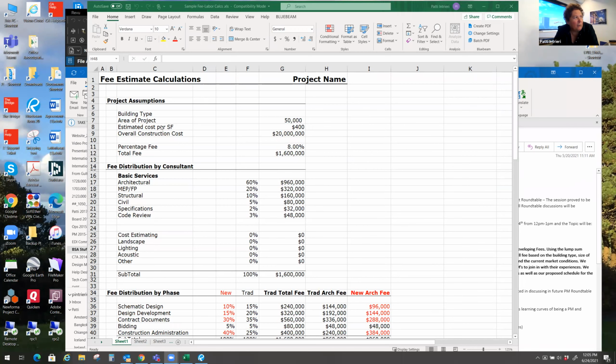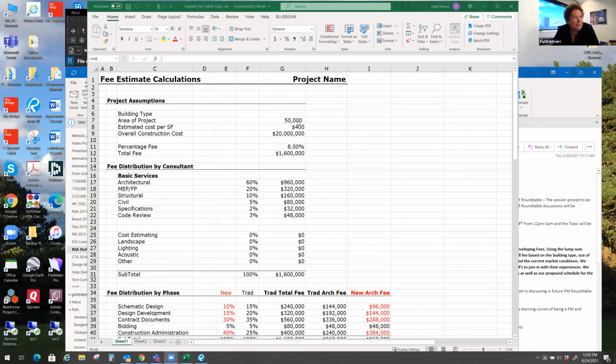I think the topic I really just wanted to cover is basic fee assumptions, because I think developing a fee is both an art and a science. This is the science piece that I'm covering, but the art piece is something that has to be nudged within your own firm and based on your understanding.